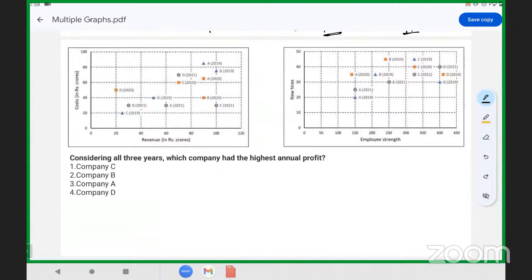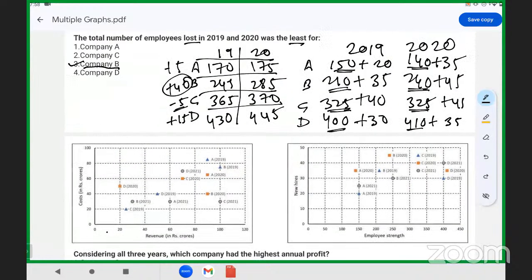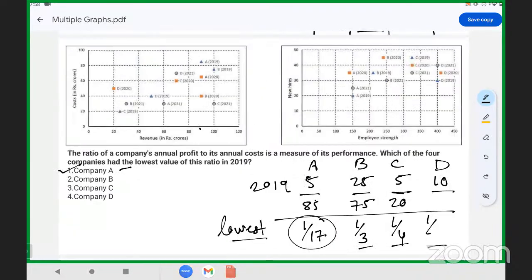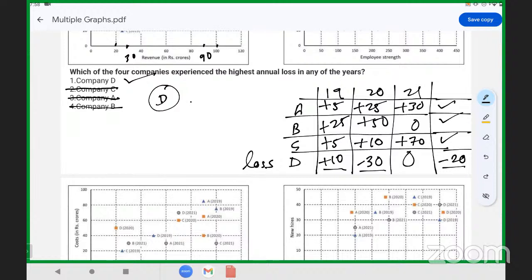Considering all 3 years, which company had the highest profit? So we have to just calculate for company A, B, C, D. We have to write it down. So A, B, C, D, which had the highest profit? So this had a minus 20. So this was loss making. This was 85 crore profit. This was 75, and this was 60.